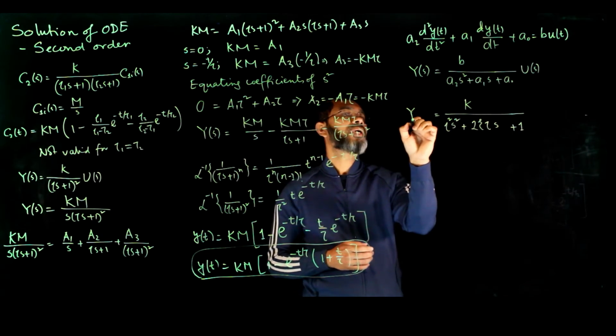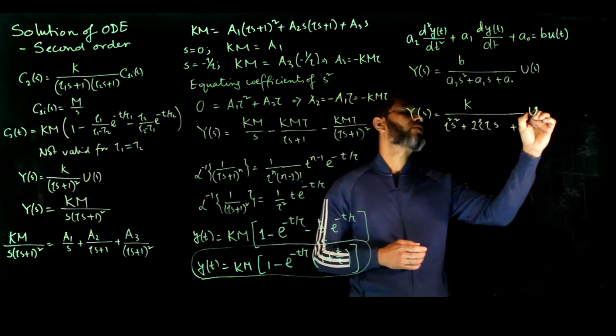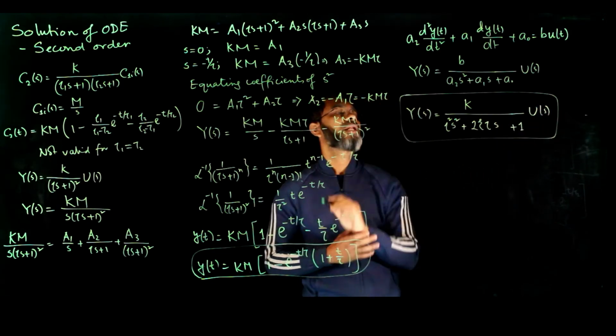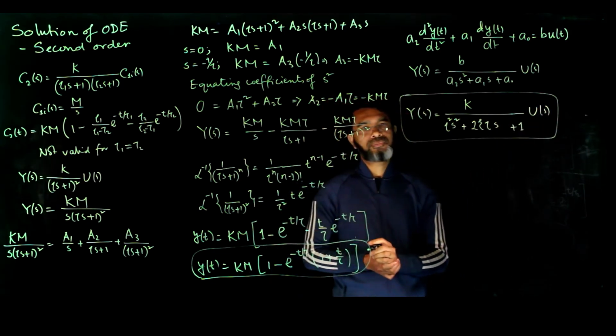So this is what is called the standard form of the second order model as a transfer function.